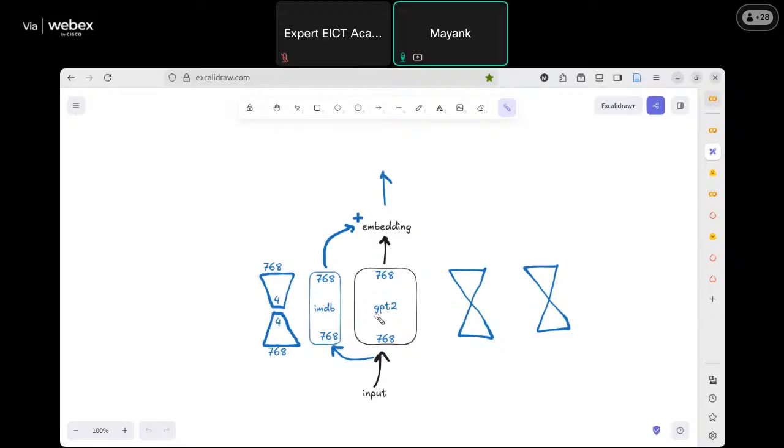We had said, let's say this is our original GPT-2 model. We are giving an input here, and then we are getting an embedding out here. The dimensions of input are 768. The dimensions of the embedding are 768 as well. Okay. Now, one way to build adapters specific to tasks is that we can have exactly similar number of parameters here, a same 768 input, and something that outputs 768 dimensions, and the same input is given to this as well as this.